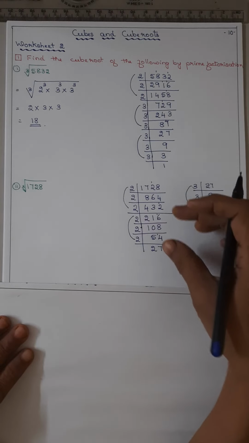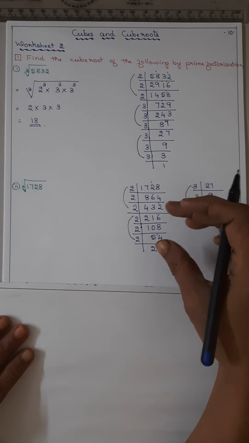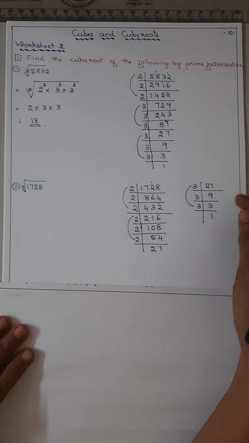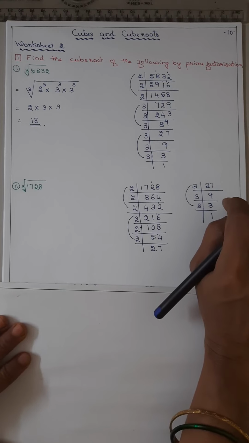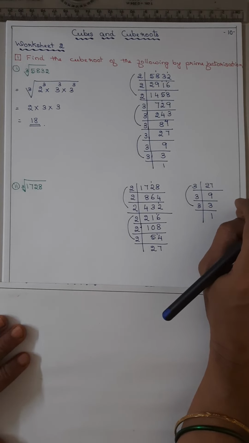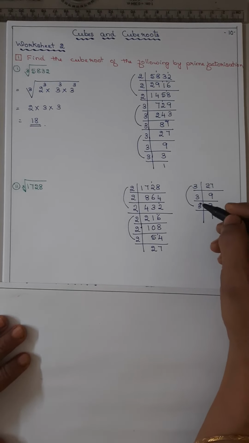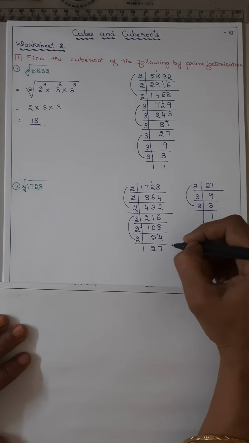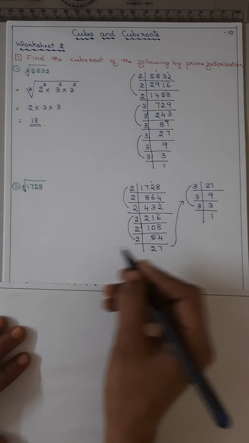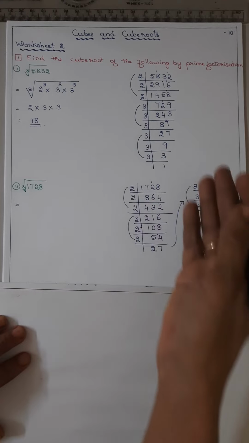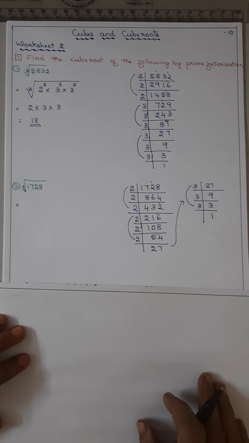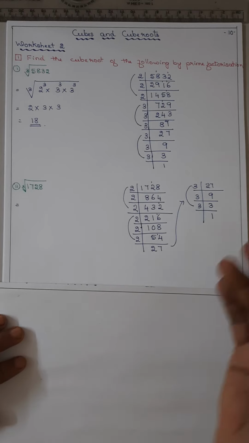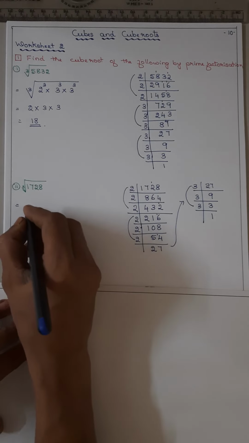So you make the groups in triplets and then the number has to be taken to the right side and prime factorization should be continued. Is it clear? Otherwise you have to continue like that only. If you don't have place, then you have to try this method.